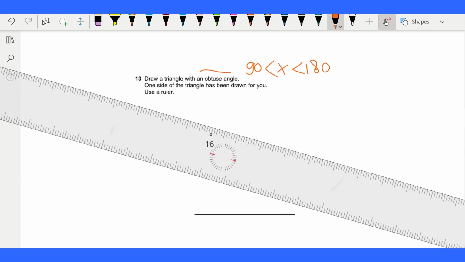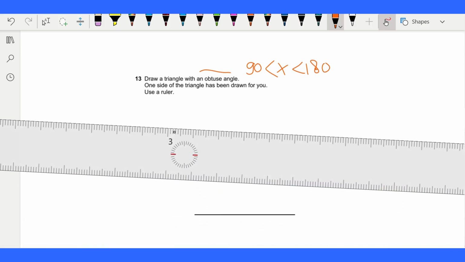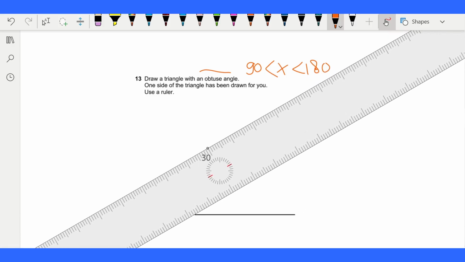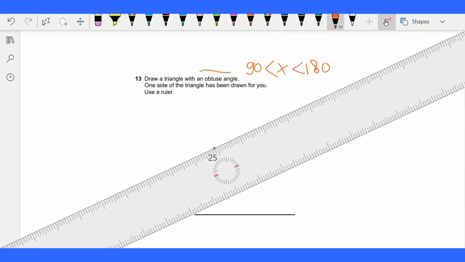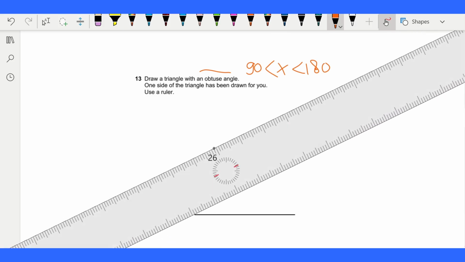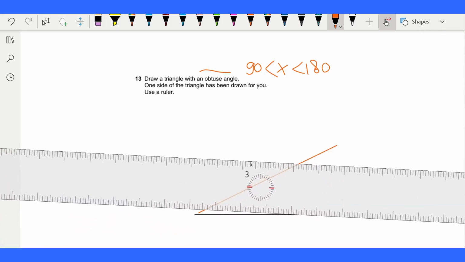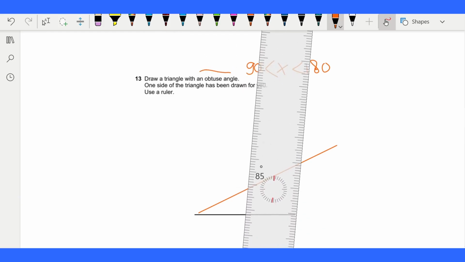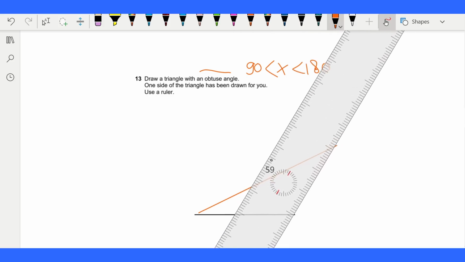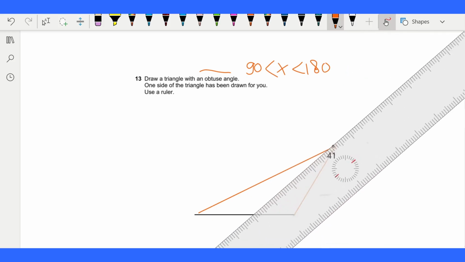So this line is given, so we have to make a line that is a broad angle. So a broad angle should be something like this, something like that. And then this definitely will make more than 90, as this is 90, so we'll turn this way, so it'll surely make up to more than 90.